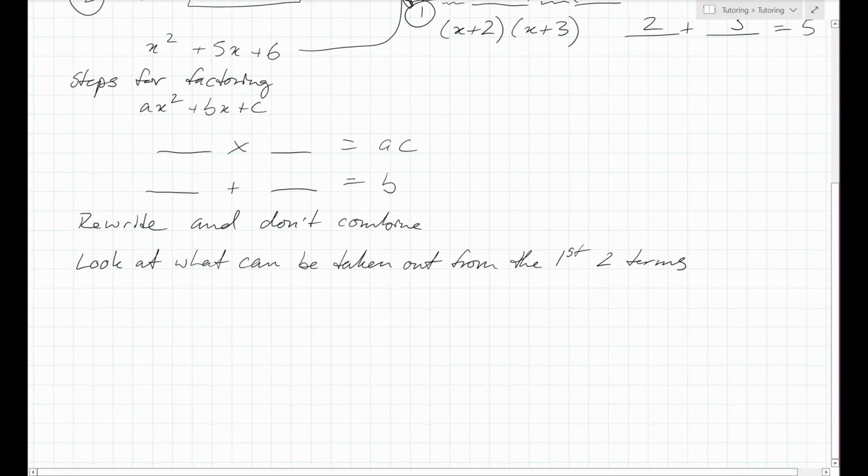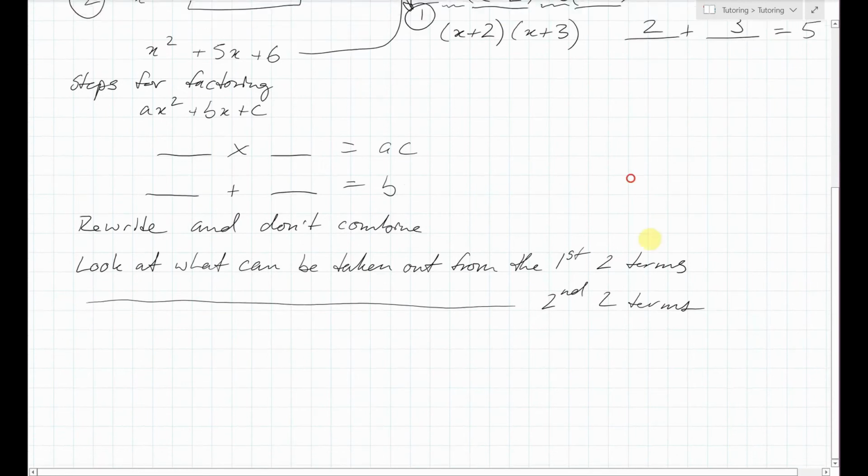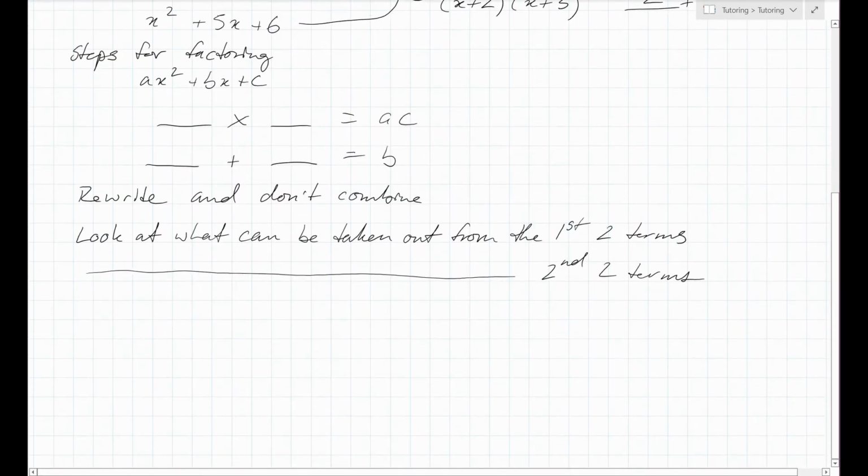And then after that, we look at what can be taken out from the second two terms. And then after that, if the stuff in the parentheses is the same, then we know we did it correctly. So if the stuff in the parentheses is the same, it is correct.